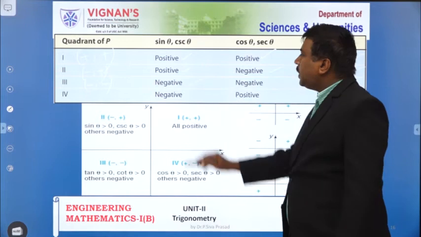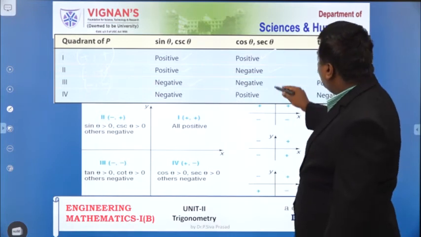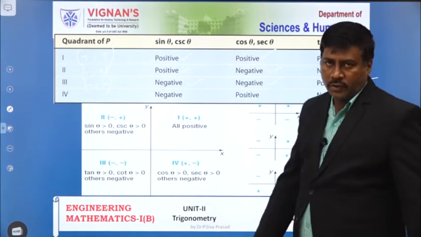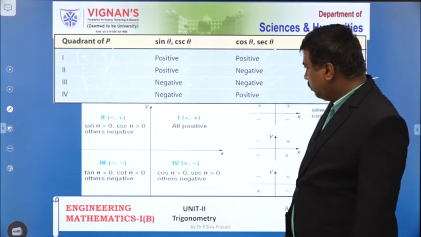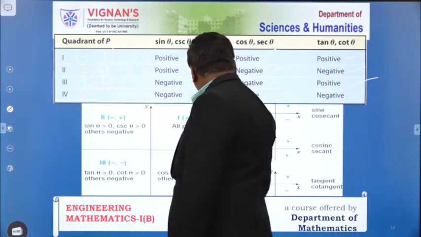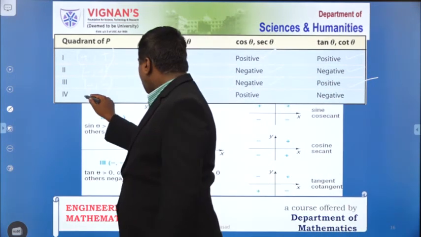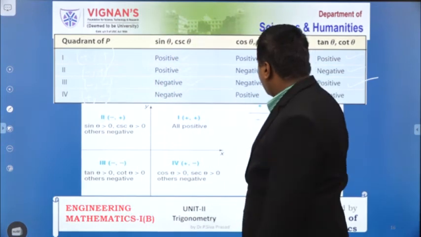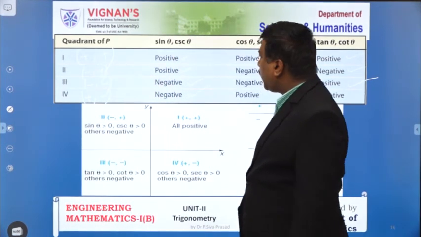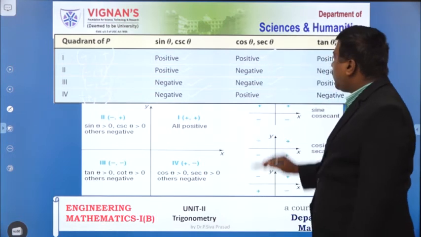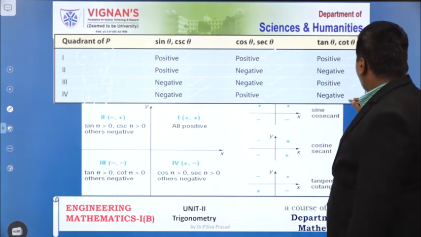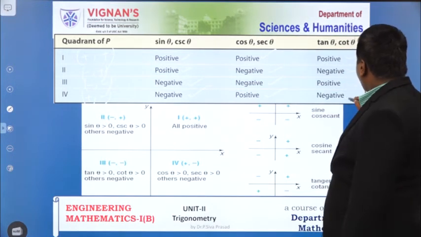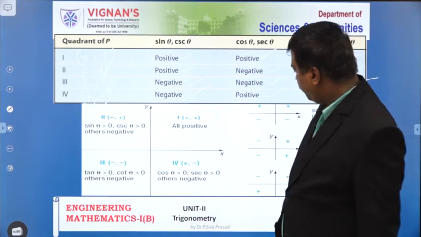In that, sine and cosecant are negative and cos and secant are negative, but tan and cot are positive values. Next, the fourth quadrant is plus comma minus. In that, sine and cosecant are negative, cos theta and secant theta are positive, and tan theta and cot theta are negative.